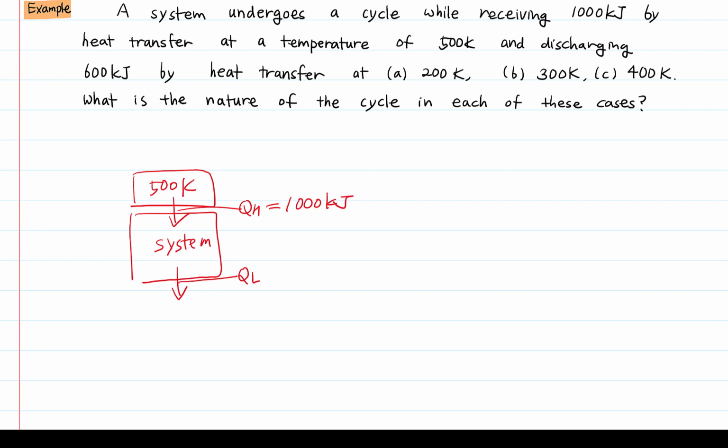This is QL, which is 600 kJ. And the low temperature reservoir temperature is 200 Kelvin, 300 Kelvin, or 400 Kelvin. So in each case, we need to determine the cyclic integration of delta Q over T to determine the nature of the cycle.